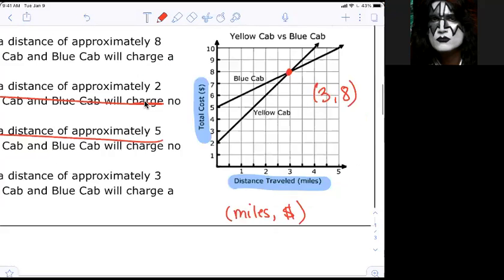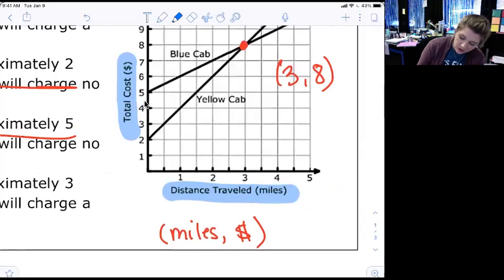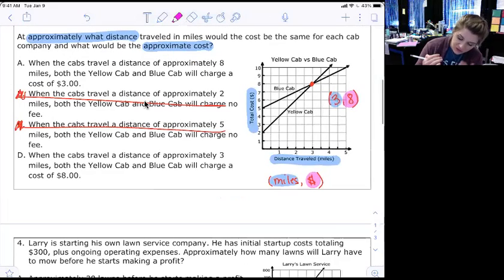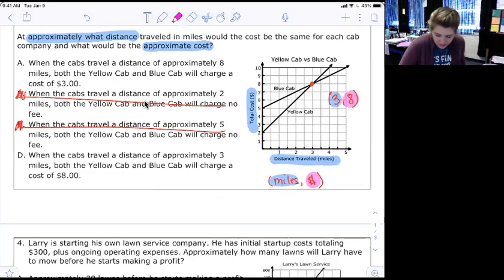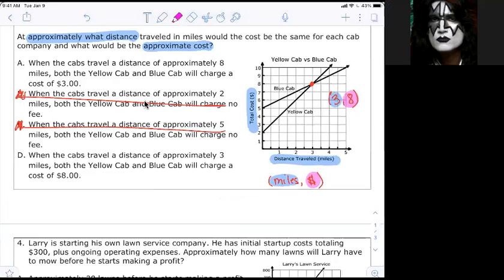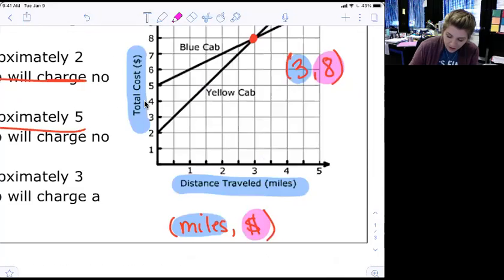Okay, now look at this, guys. Miles went with my 3. I'm going to use a different color highlighter. Money went with my 8. So is this going to be A or D? A. D. It's D. Here's why.